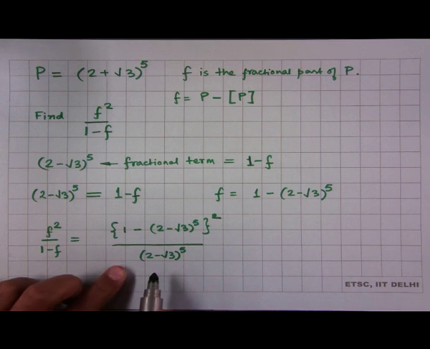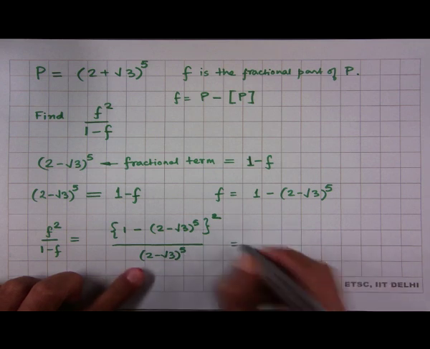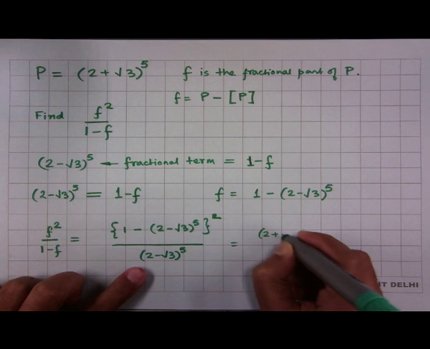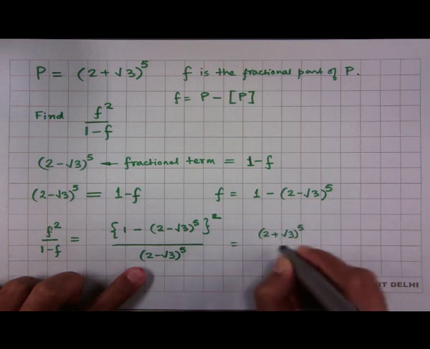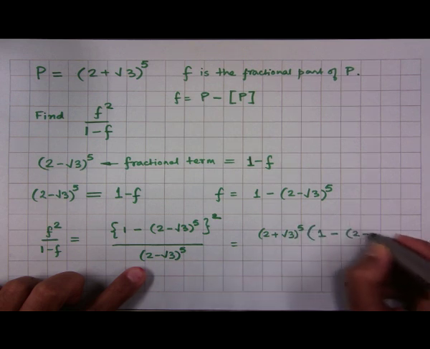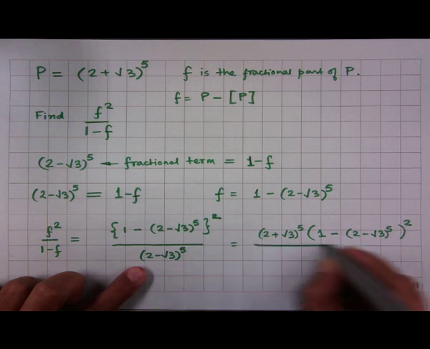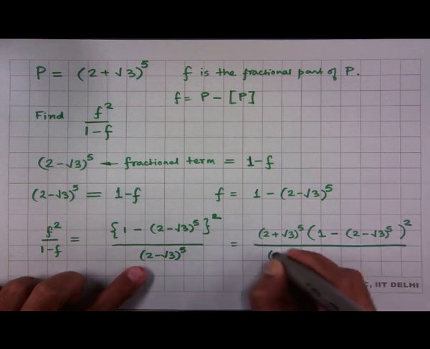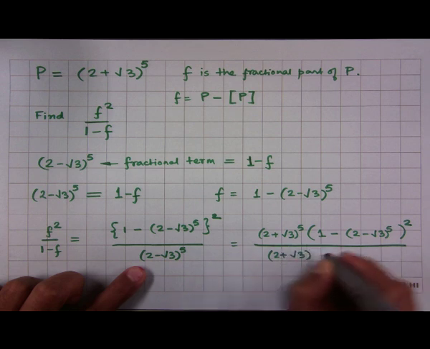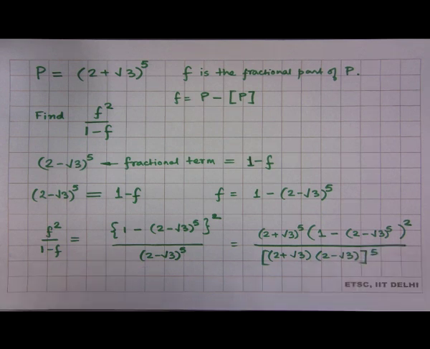You have to rationalize it, right. So, you multiply numerator and denominator by (2 plus root 3) whole power 5. Okay.